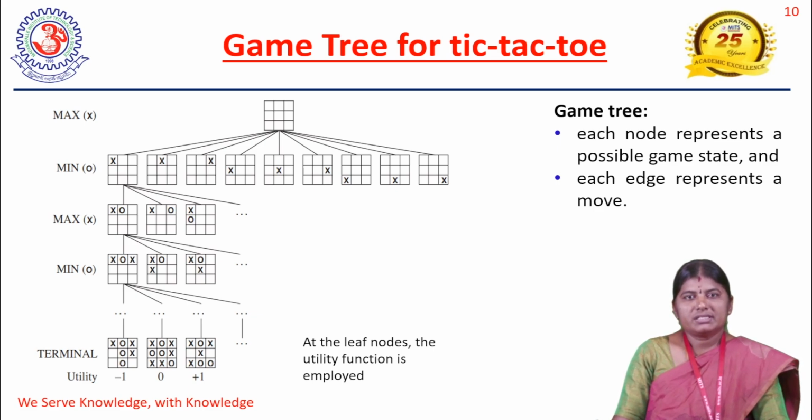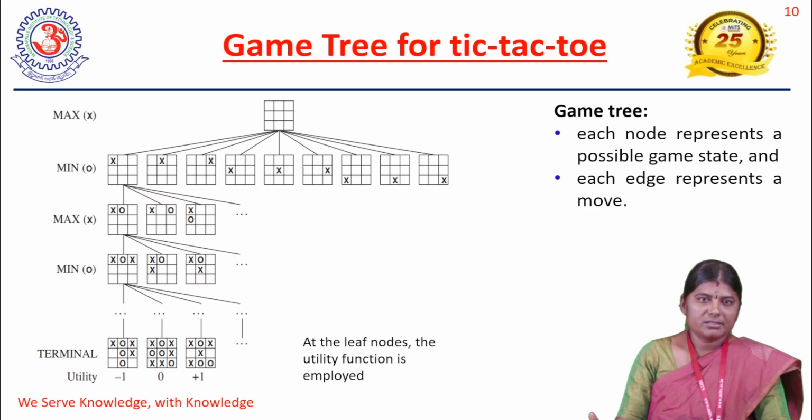In the initial state, there are 9 possible moves, so there are 9 possible actions. In the next state S1, the min player has 8 possible moves. Likewise, it recursively goes on until it reaches the terminal state. For S0, it has 9 nodes.